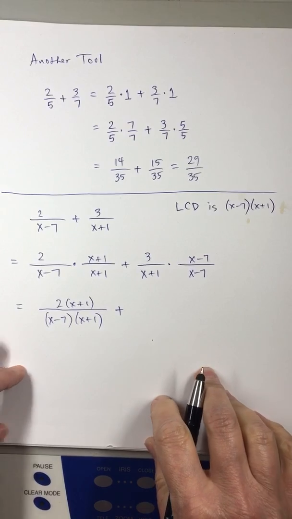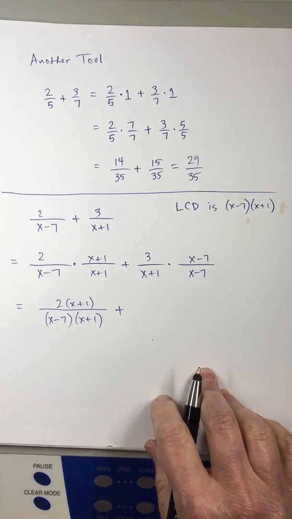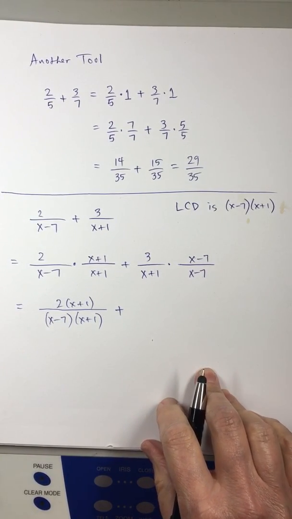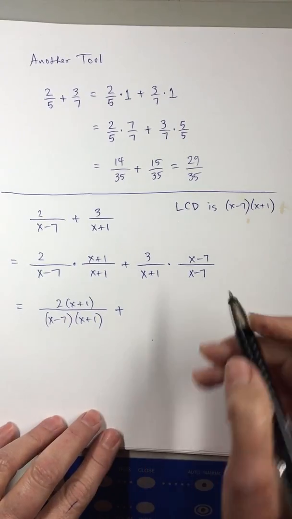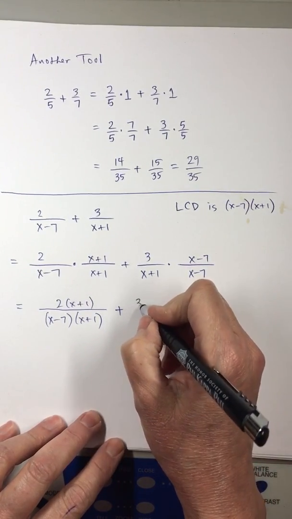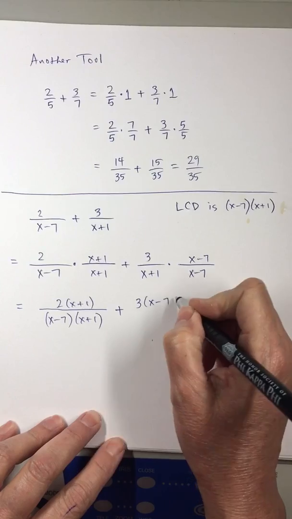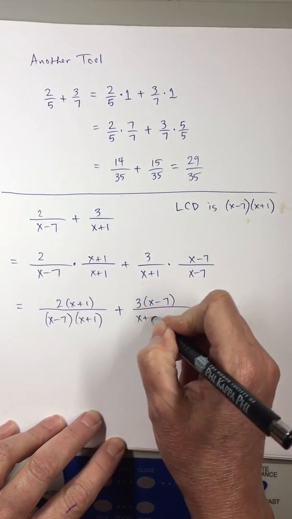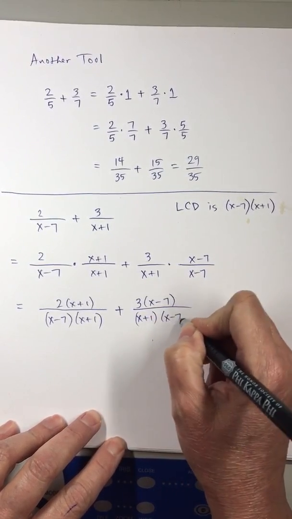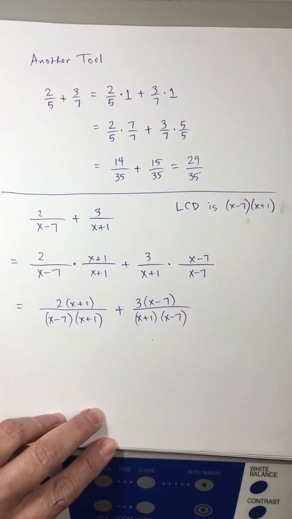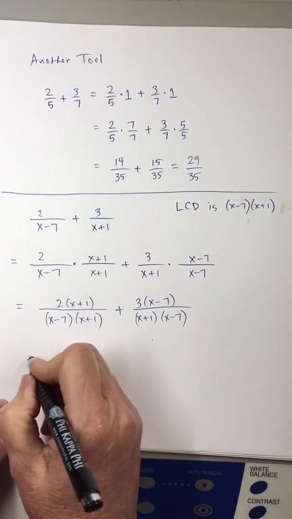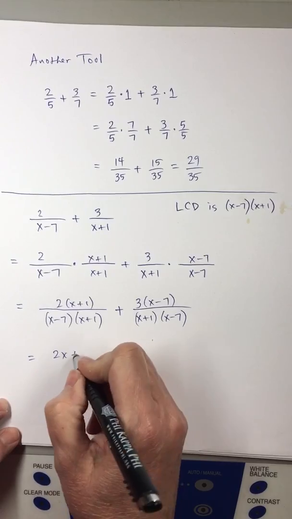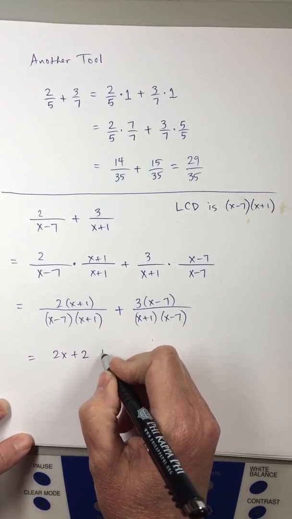Okay, so the first one I have 2 times x plus 1. The denominator is just x minus 7 times x plus 1. Then I have plus 3 times x minus 7 over x plus 1 times x minus 7, which will become 2x plus 2.